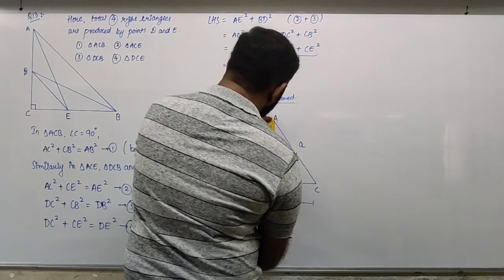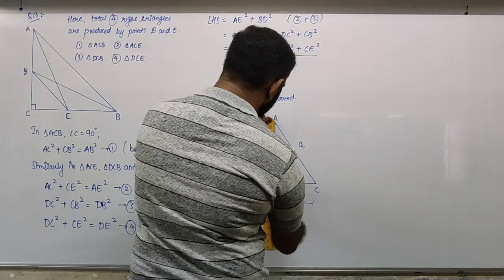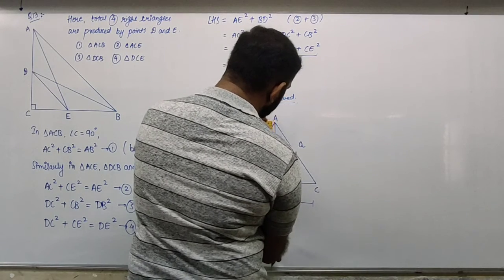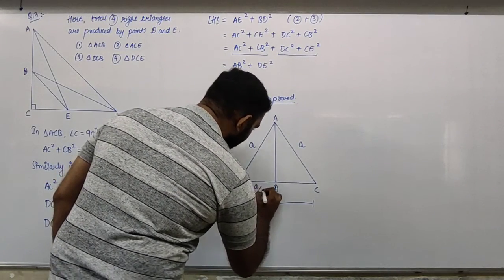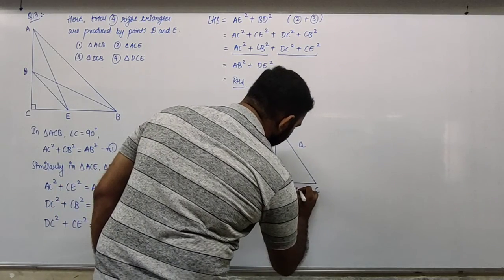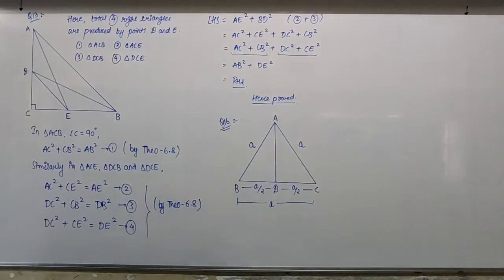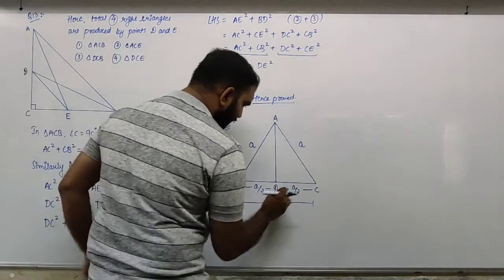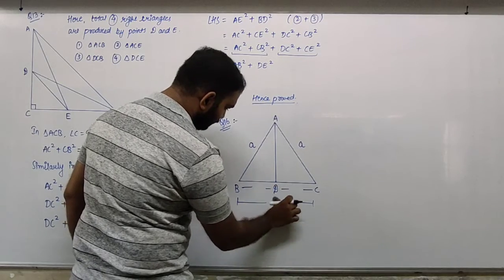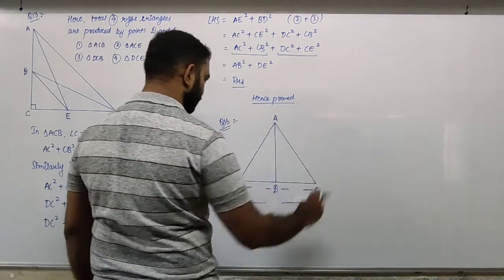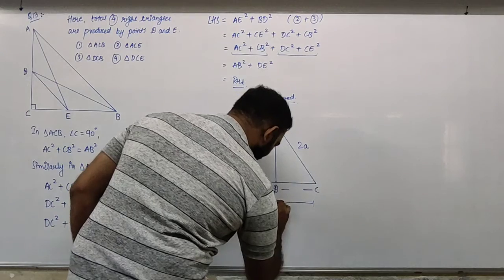And its altitude: as I said, altitude and median will be the same for an equilateral triangle. Since altitude and median are the same, mark this point D. If the side is a, this becomes a/2. If you don't want to do that, take the sides as 2a, 2a, 2a from the start. So let us do it so it is easier for you. So we don't take a/2, we take 2a, 2a. We will have the sides of the equilateral triangle as 2a.